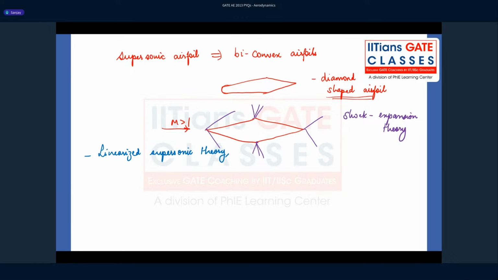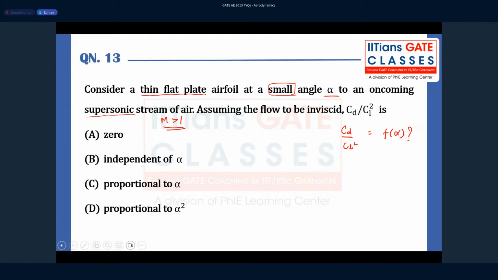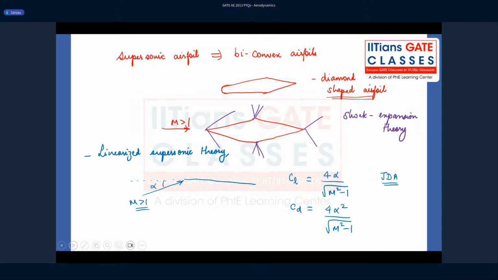So I'll start again. We are discussing this question on a thin flat plate airfoil, which is kept in supersonic flow. We were discussing the supersonic airfoil.